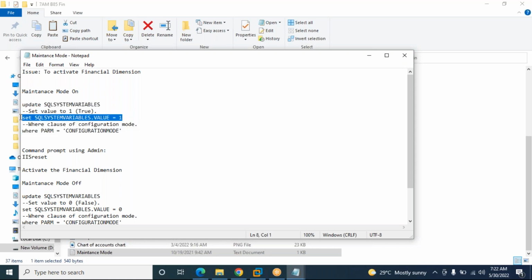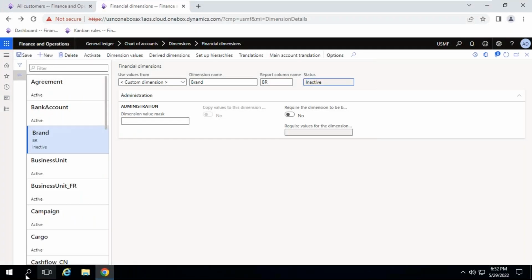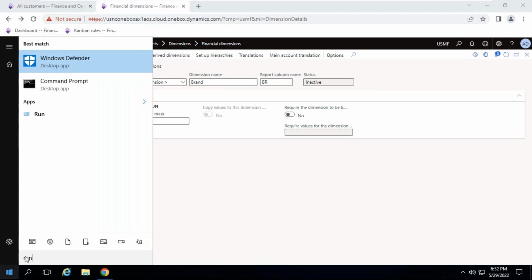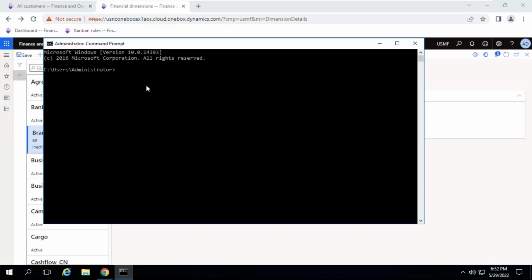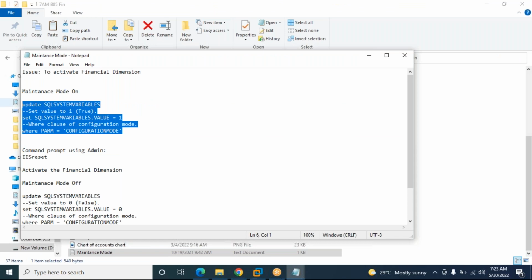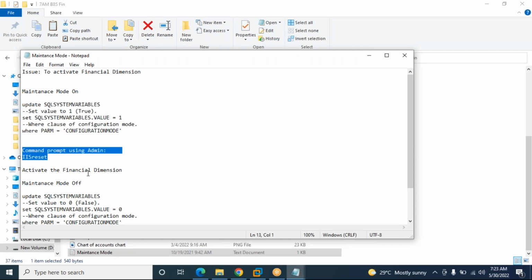Then you need to reset IIS in the command prompt. Here you need to click IIS reset. I'm not creating or deleting anything here. You need to do it like that. So first you need to execute this in a SQL query and run it. Then the system will allow you to do this activation.